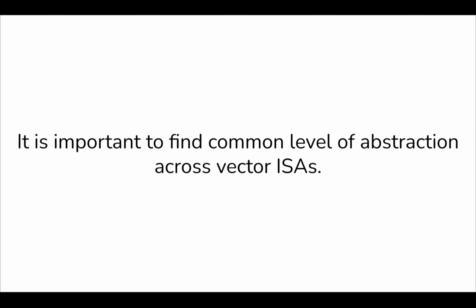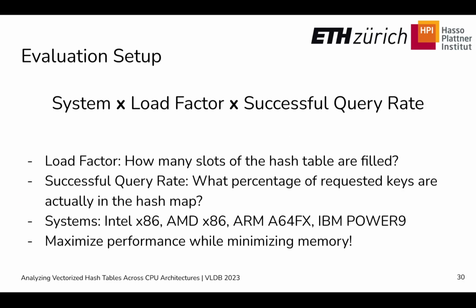There might be an instruction that might be more suitable for the problem at hand. So it's always important to reconsider again and again, on the platform you have to work with, what is the best way to solve my problem. And then we went ahead and implemented a big amount of hash maps with small algorithmic variations and so on. You can read all about that in the paper.